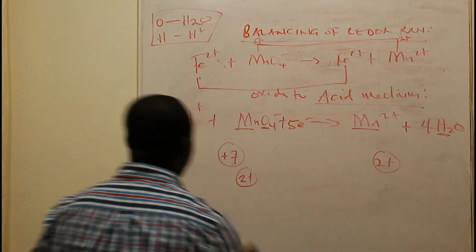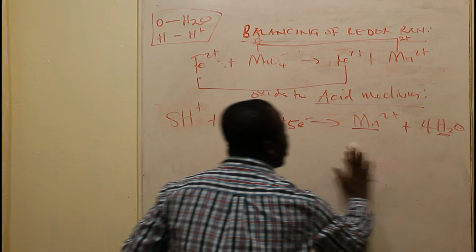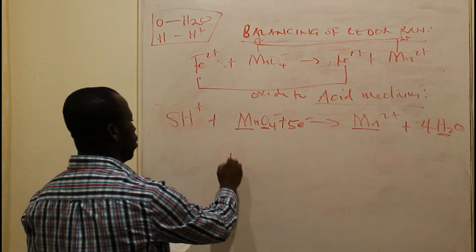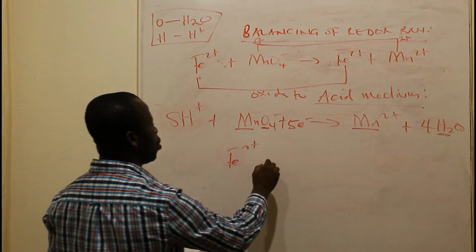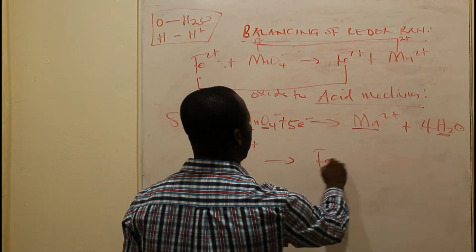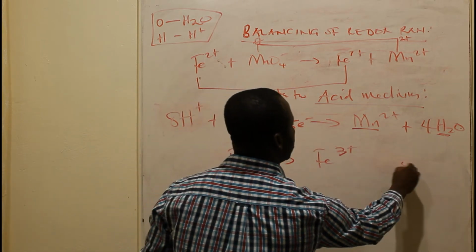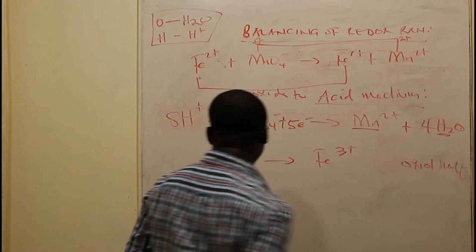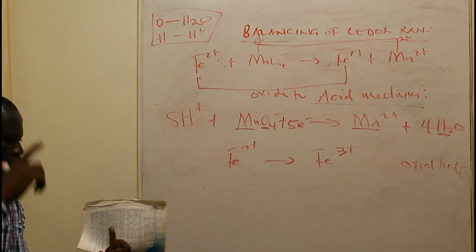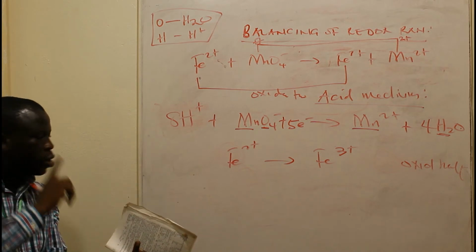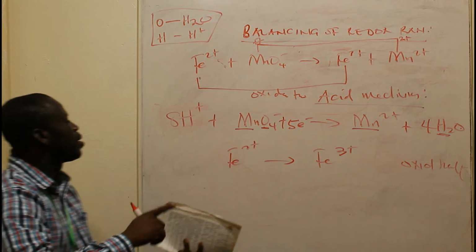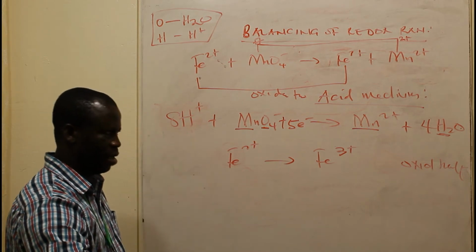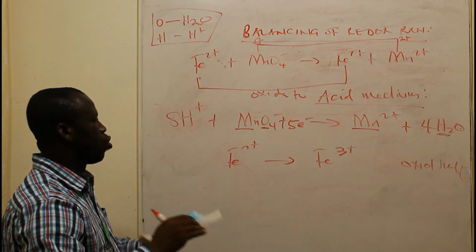Now if that is balanced, we move to the other half reaction, which is the oxidation half: Fe2+ to give you Fe3+. Here there is no oxygen, there's no hydrogen, there is nothing to balance apart from the charges. So what do we have to do?